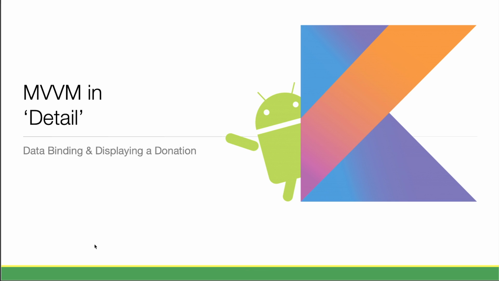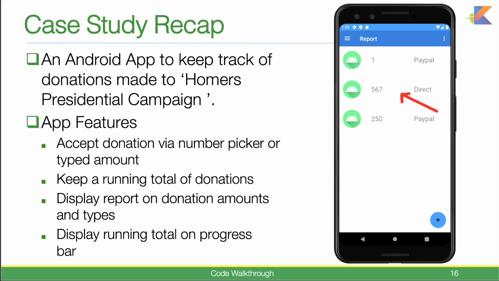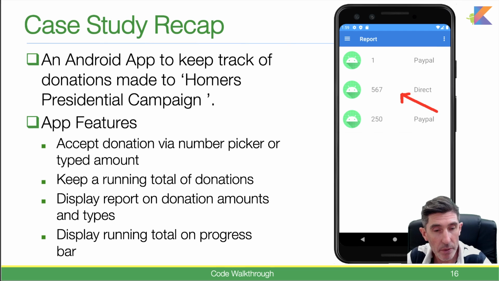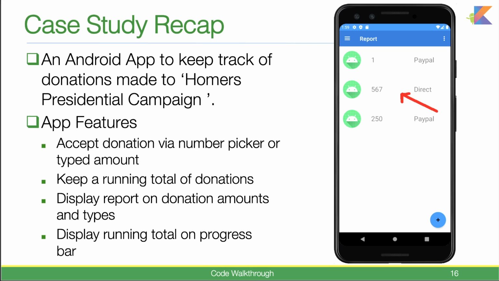In terms of the detail, so again, data binding and displaying a donation. This is where data binding really comes into its own in terms of looking at details and, ultimately, down the line, our edit properties. Sorry to come back to there again. You can see there's our floating action button.